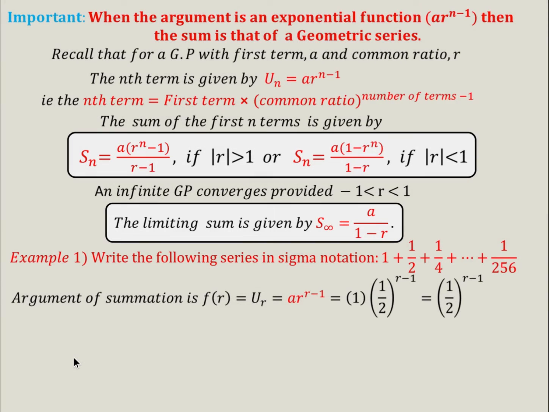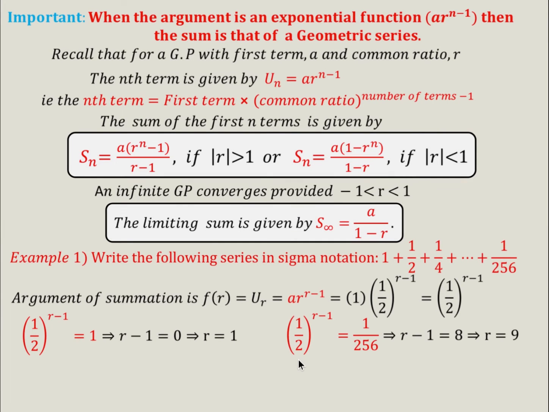We need to calculate the lower limit, which occurs when the summand is equated to the first term. When you equate half to the r minus 1 to 1, we note that 1 is the same as half to the power 0. So r minus 1 should be equal to 0, which gives r as 1. So the lower limit of our summation would be 1. We also need the upper limit, which is obtained by equating the summand to the last term.